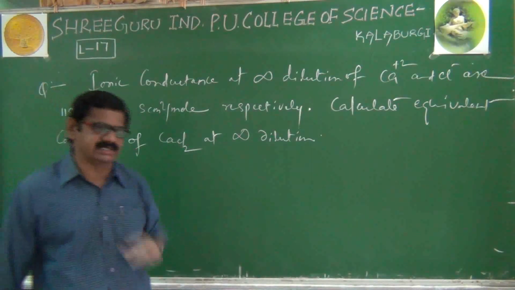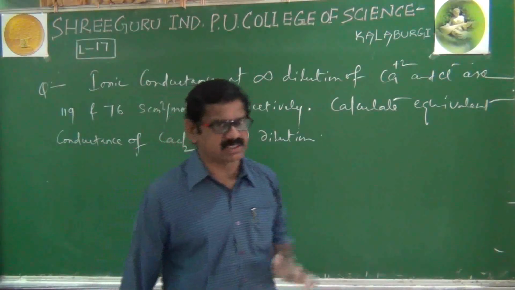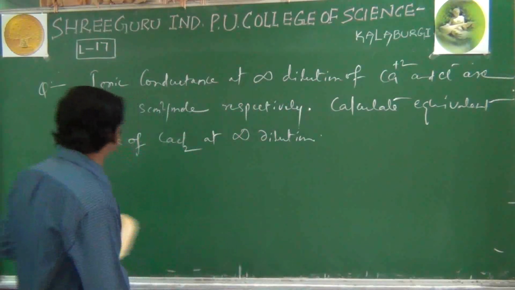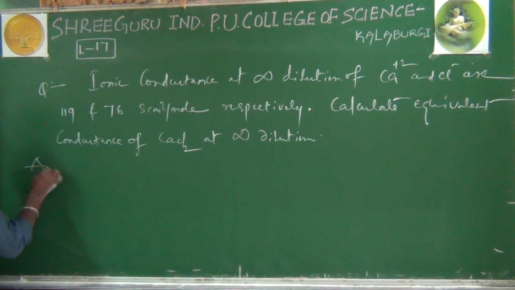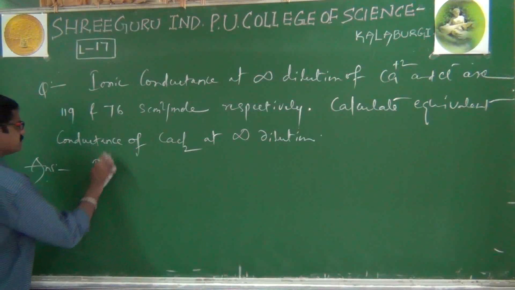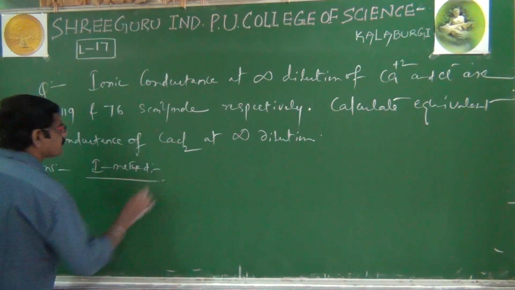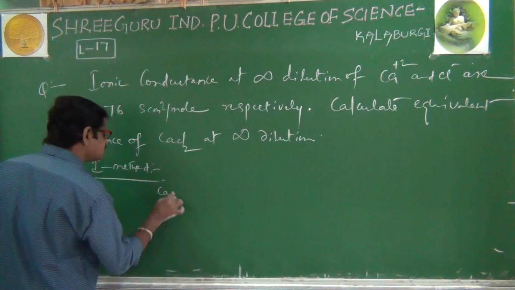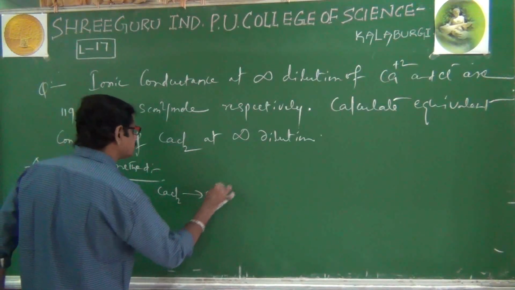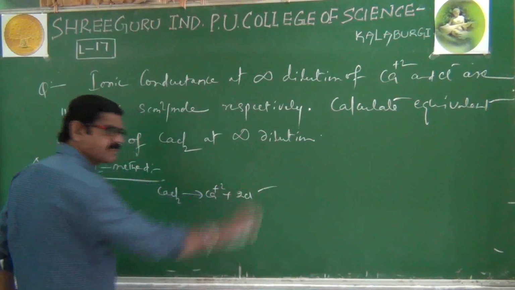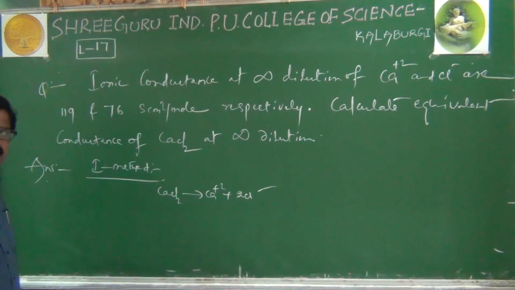Here I will have two methods. We'll see both the methods. Then method 1, first method we will solve like this. CaCl2, if it is split, you will get Ca plus 2 plus 2 Cl minus ions.